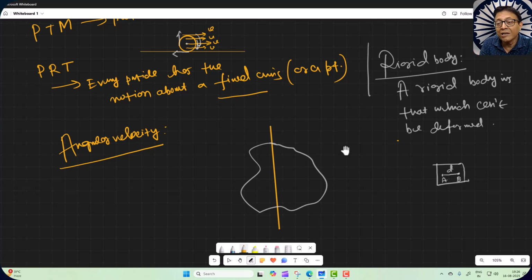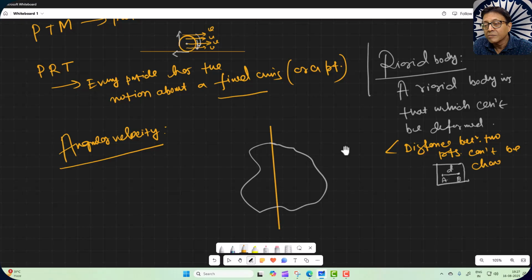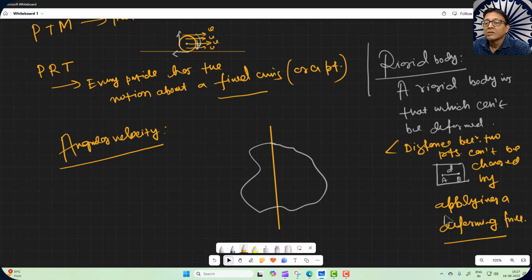So in a rigid body, the distance between two points can't be changed by applying a deforming force.